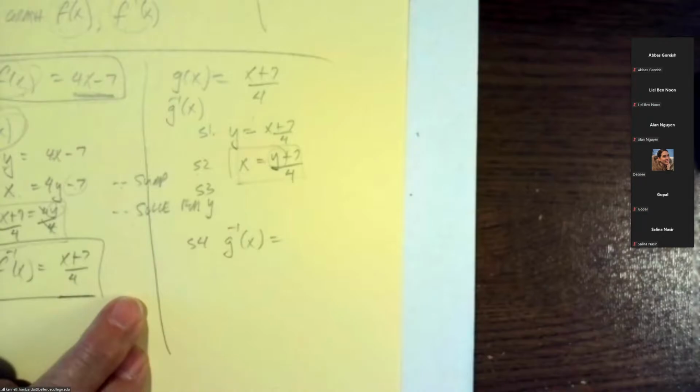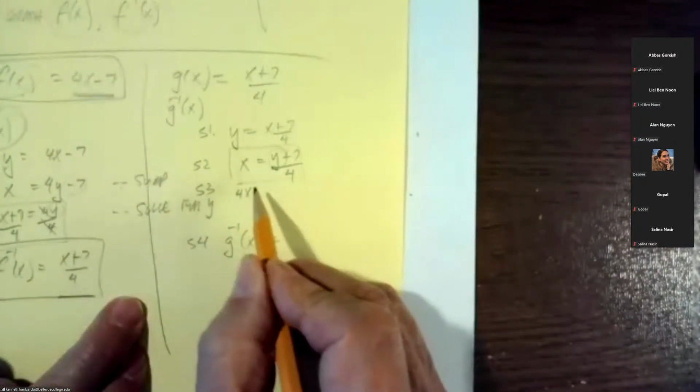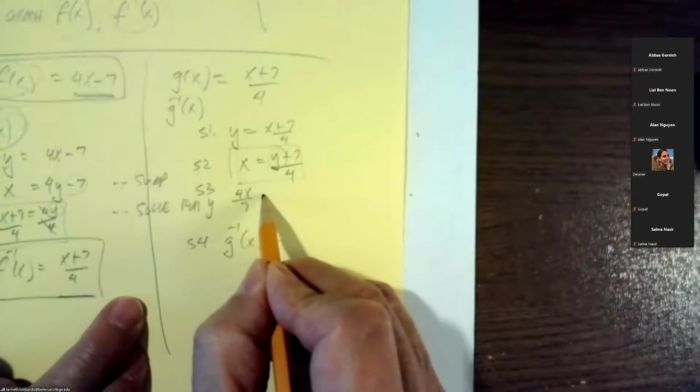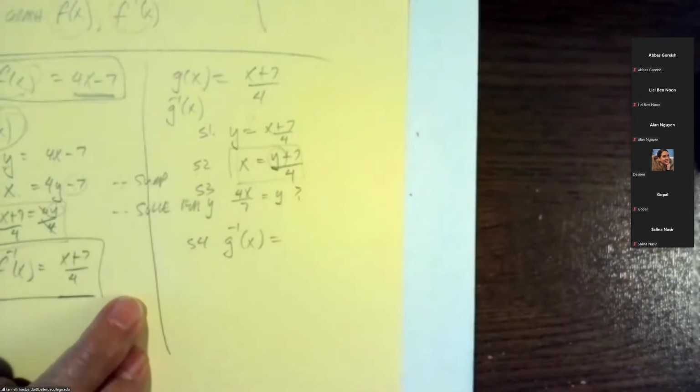Would it be 4x in the numerator, 7 in the denominator equals y? 4x in the numerator and then 7 in the denominator equals y. Is that what you said? Yes. Okay, I'll write that down.